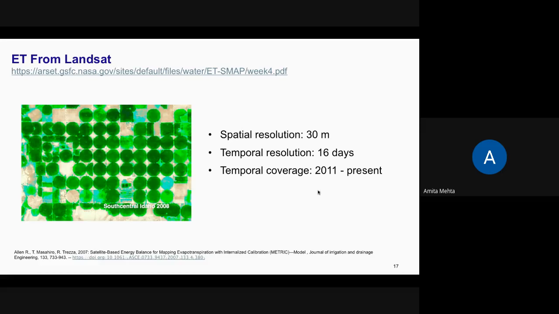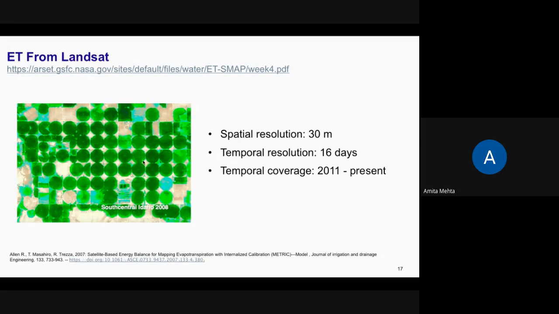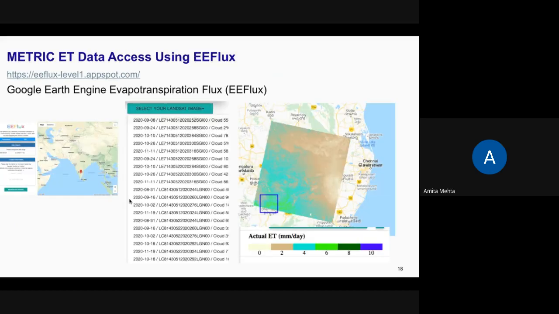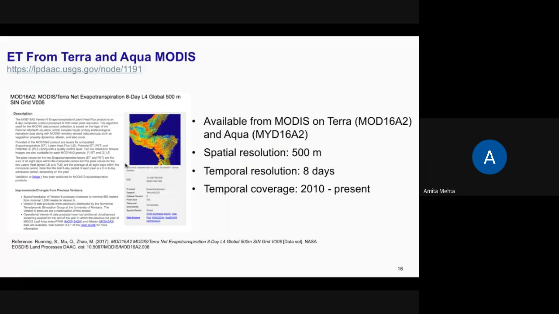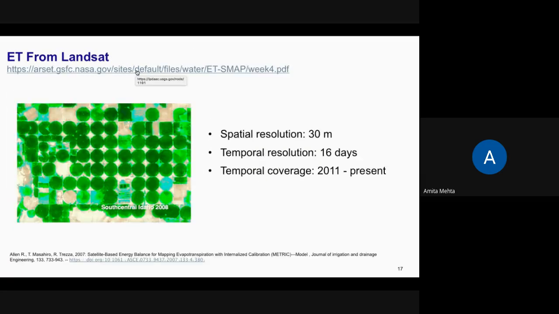Landsat-based data are also available at 30-meter resolution. As you can see, individual farms or fields can be seen from Landsat. Just an example is shown here. And there is a website that you can use to get this data. So each product also gives you a website where you can get this data.